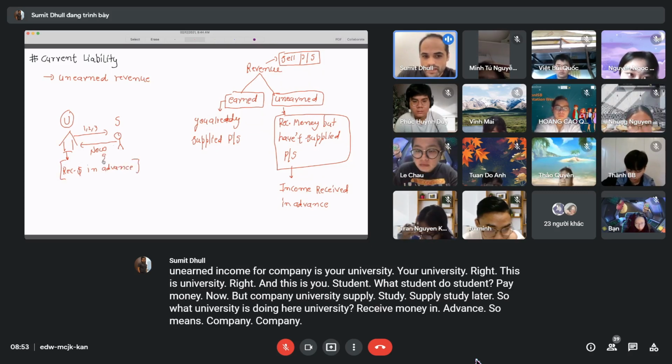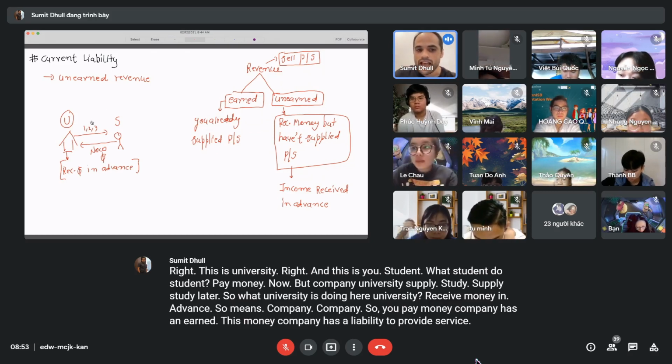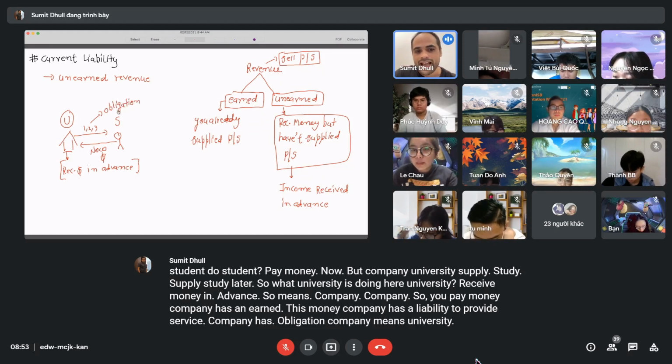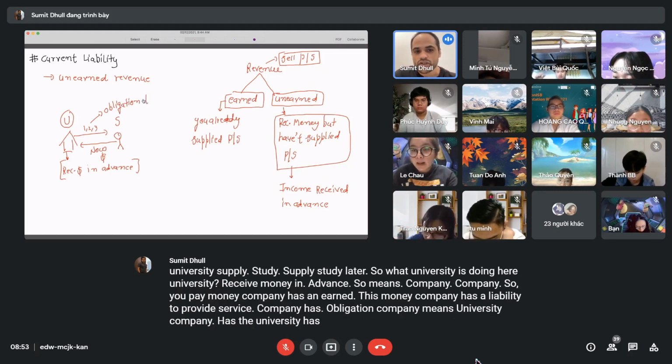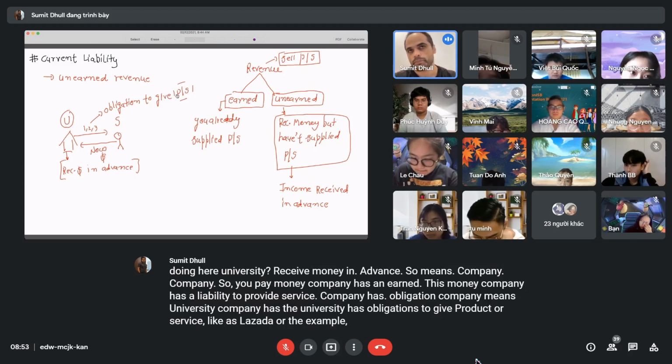So you pay money. The company hasn't earned this money. The company has a liability to provide service. The company has an obligation. Company means university. The university has an obligation to give a product or service, like the Lazada example you gave me before.